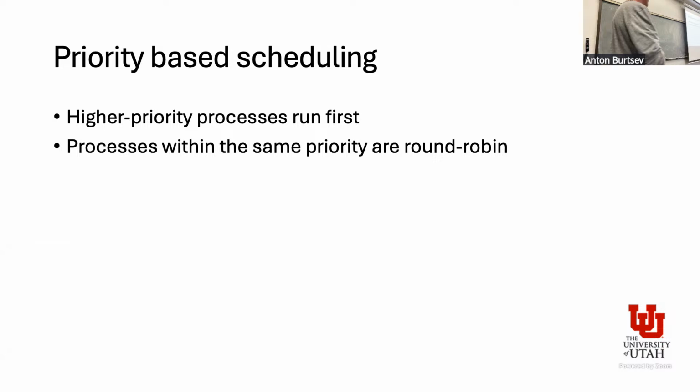Okay, so they came up with this idea of priority-based scheduling. And if you look at this idea very carefully, you think, maybe it doesn't make that much sense. Let's just go. That's what they did. They organize processes by priorities, and higher priority processes run first, but processes with the same priority are round robin. If you pick a slice, let's say 100 milliseconds, then instead of a single round robin queue, they have multiple priorities.